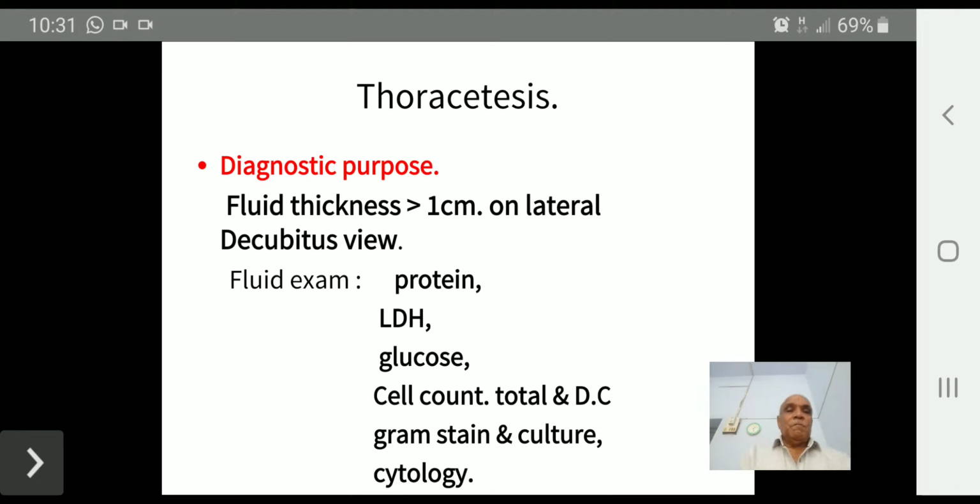When there is effusion, we should do pleural tapping. It is called thoracocentesis. There are two indications of thoracocentesis: one for the diagnostic purpose and the second for the therapeutic purpose.